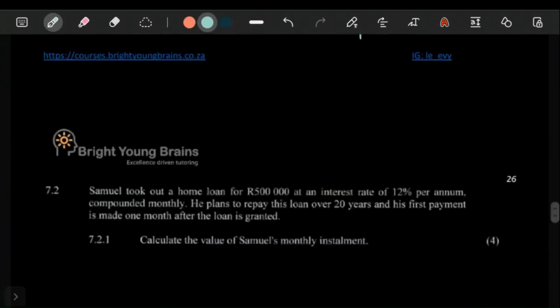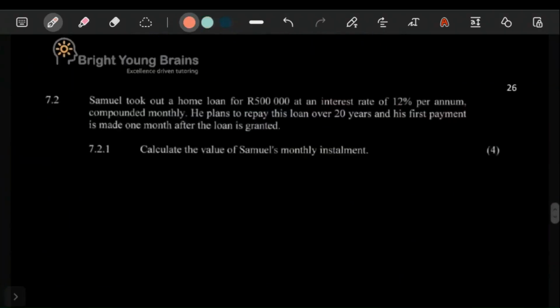So 7.2 says Samuel took out a home loan for 500,000 at an interest rate of 12% per annum, compounded monthly. He plans to repay this loan over 20 years. Okay, and his first payment is made 1 month after the loan is granted. Then it says calculate the value of Samuel's monthly installment.